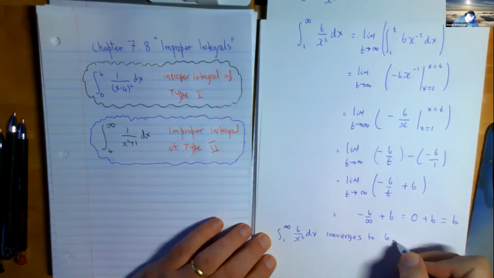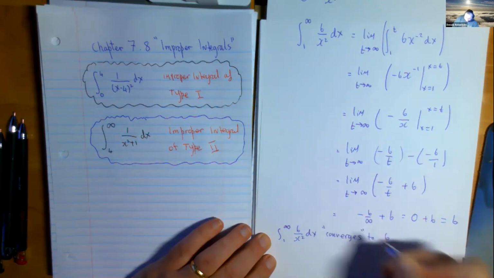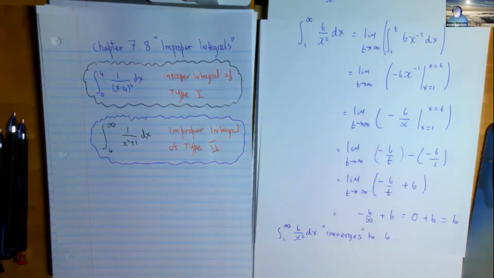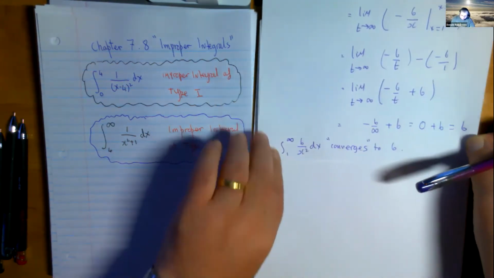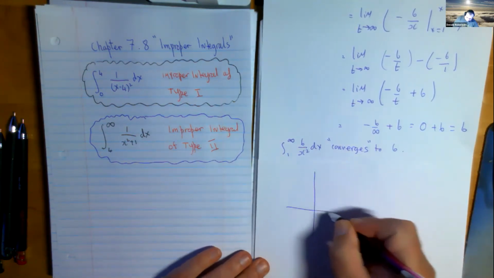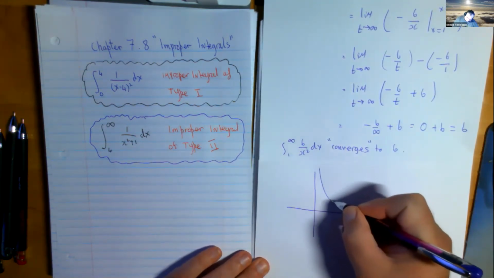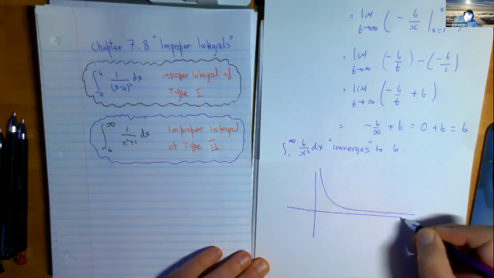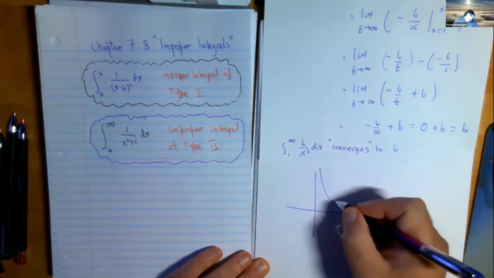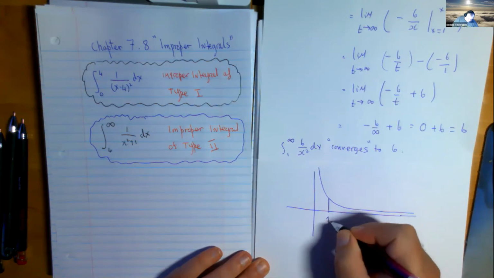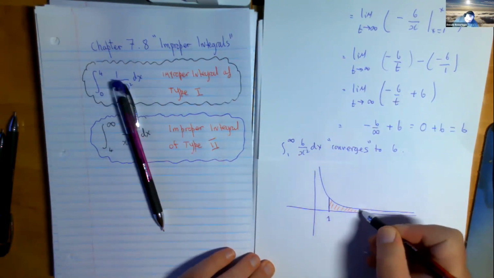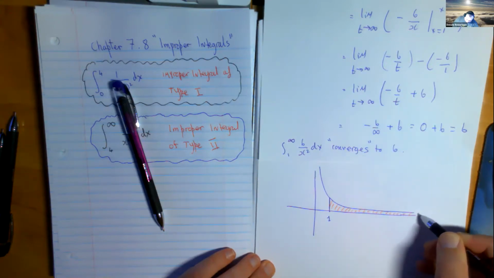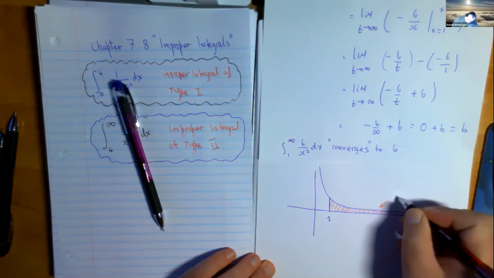converges to 6. And we like to use the word converges rather than says equal to 6. And that's a little nitpicky, but it does actually make sense. Now, if you went to your calculator and you do a sketch of 6 over x squared, it looks like that. And if you start at 1, it looks like that. And we have just found that the area of this is 6.